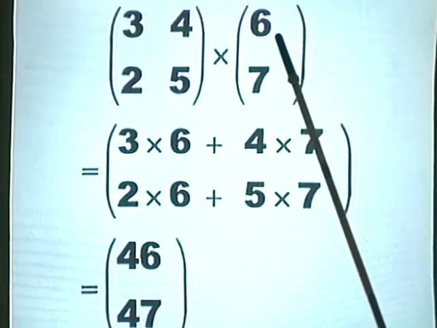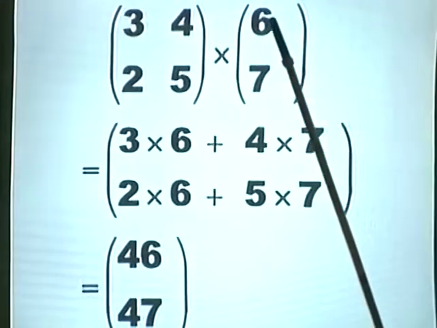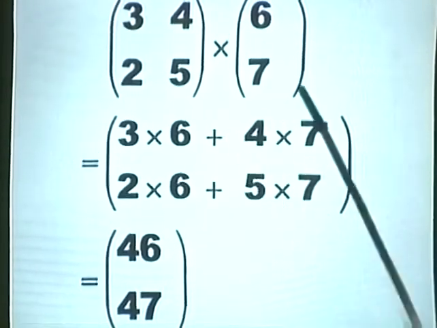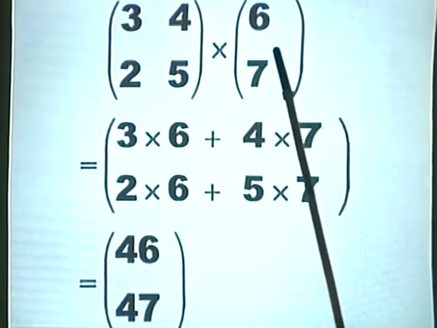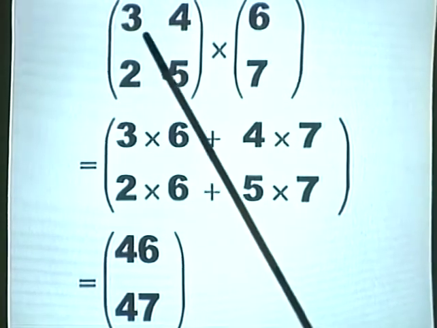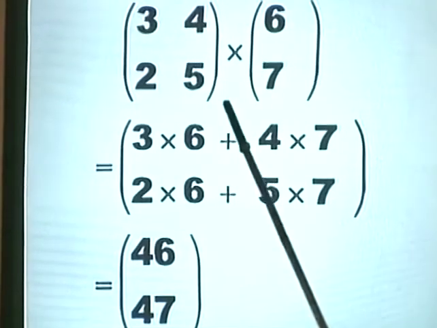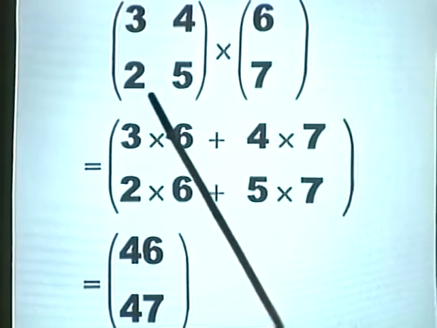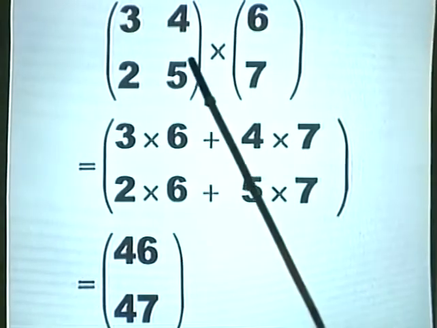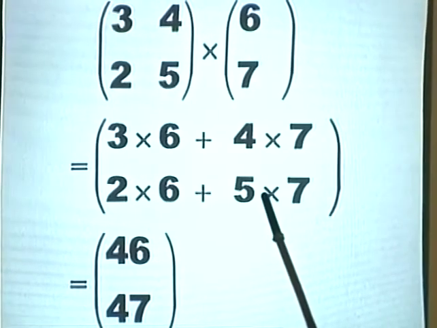Okay, example number 2. I've got 3, 4, 5, 6 multiplied by 6, 7. So this matrix multiplied by this. Note that this one, what do we call this matrix here? Column matrix, because it has only one column. Okay, so 3 times 6, 4 times 7, and then 2 times 6, and then 5 times 7.